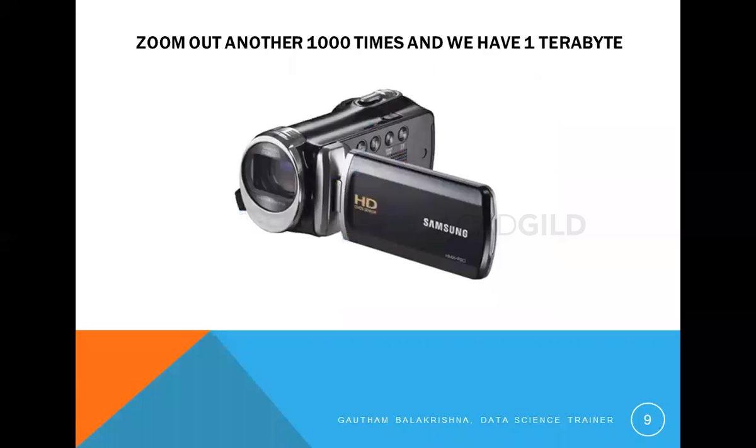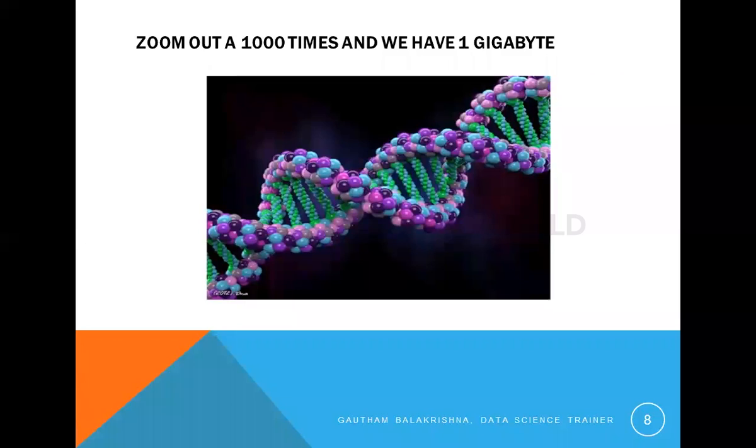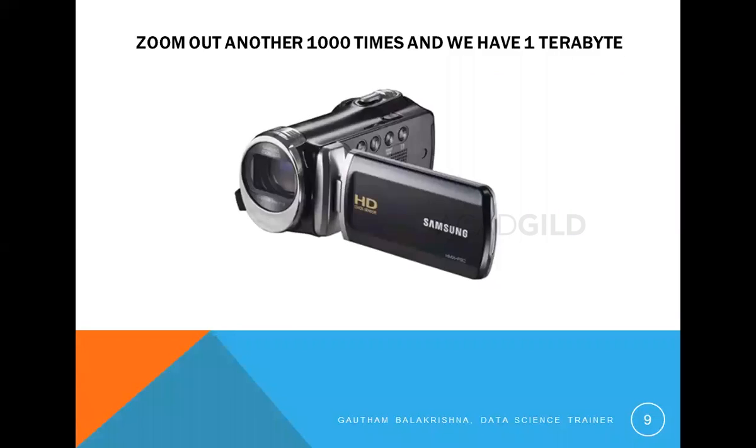So let's say we zoom another 1,000 times. From 1 gigabyte, if I zoom another 1,000 times, that would be a terabyte of information. Now, what can we store in a terabyte of information? Let's say you take a handycam, and from the time a child is born to the time that person gets old, you capture every single event in the life of that person, all his birthdays, all his daily activities.